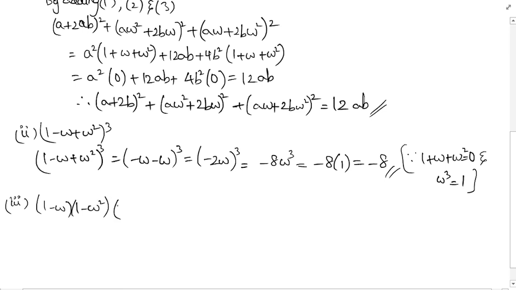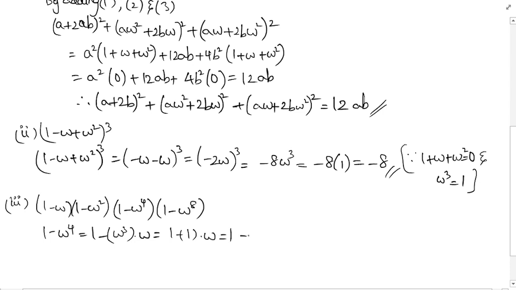Now we have to find the solution of the third bit, which is (1 minus omega) into (1 minus omega square) into (1 minus omega to the power 4) into (1 minus omega to the power 8). So here 1 minus omega to the power 4 will be equal to 1 minus omega cube into omega, which will be equal to 1 minus 1 into omega.